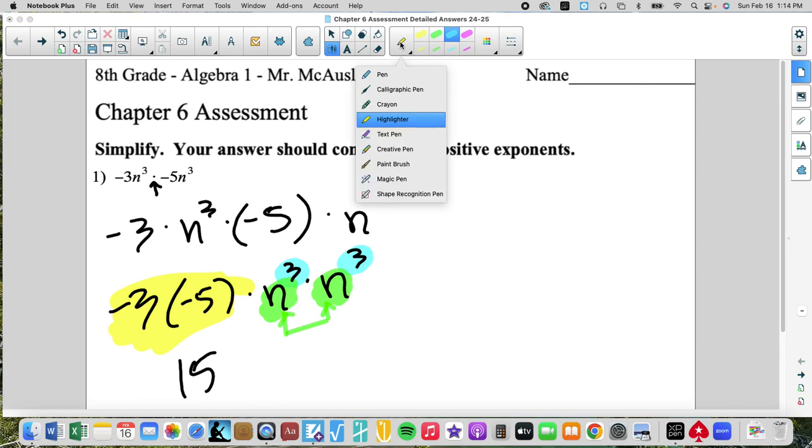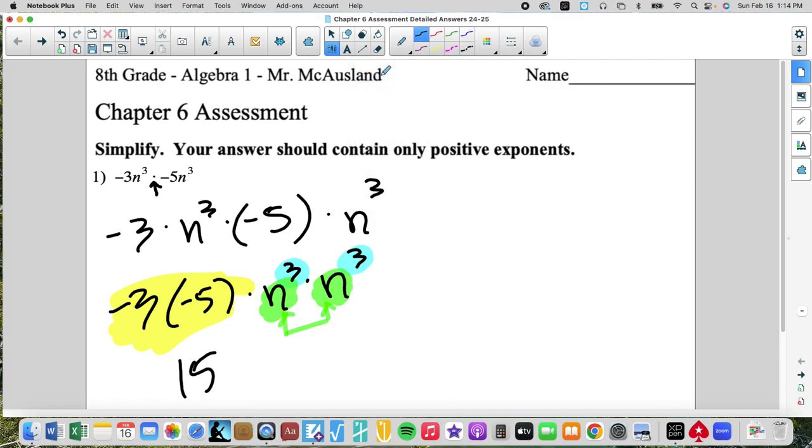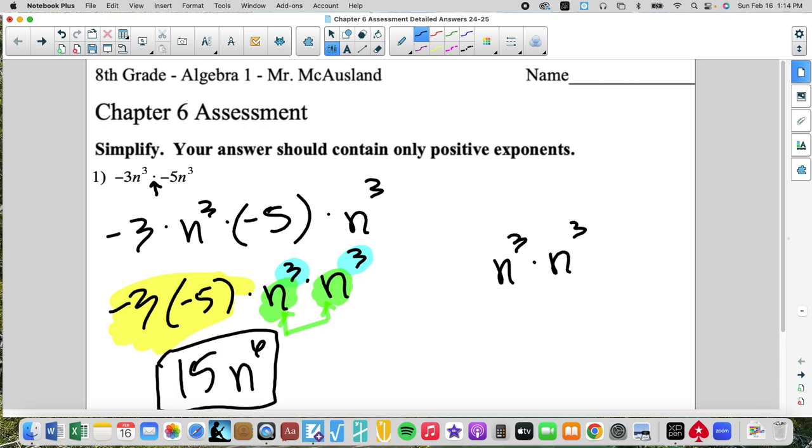That'll give us 6 n's multiplying, and that's why you get 15n to the 6th. So n to the third times n to the third is n to the 3 plus 3, or n to the 6.